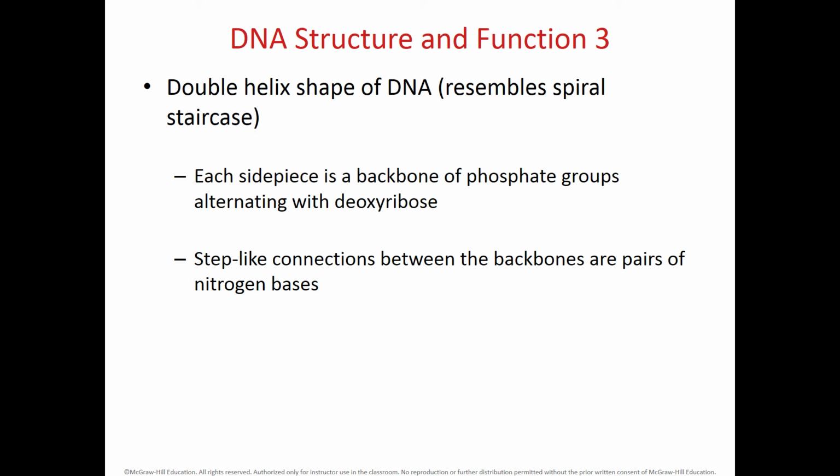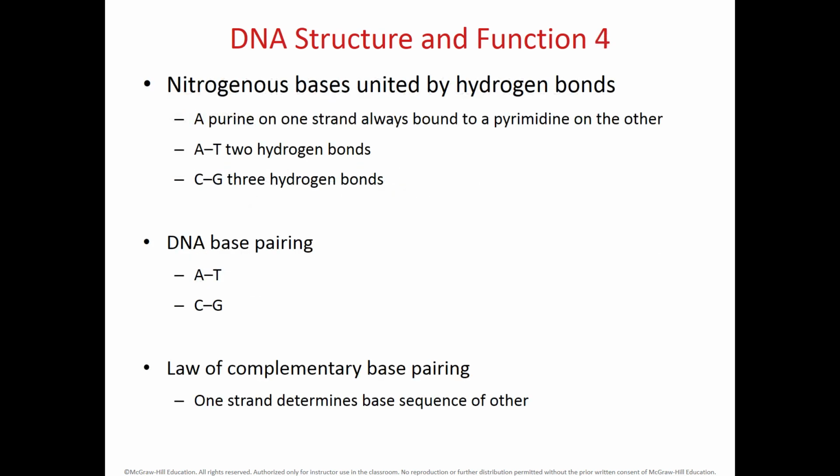And then in between the two backbones are the pairs of the nitrogenous bases, and these nitrogenous bases will be on each strand of DNA, because it's a double-stranded structure. You will have base pairing of the nitrogenous bases through hydrogen bonds.